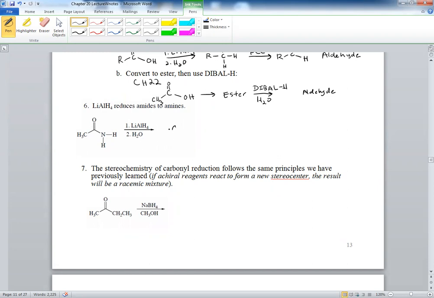So it's going to be CH3, I'm going to draw them out right here, and then of course you have the NH2. Or we simply just draw it this way. CH2, NH2. So that's an amine, a primary amine.